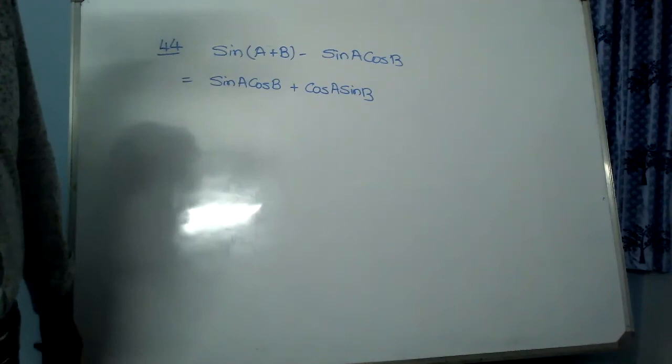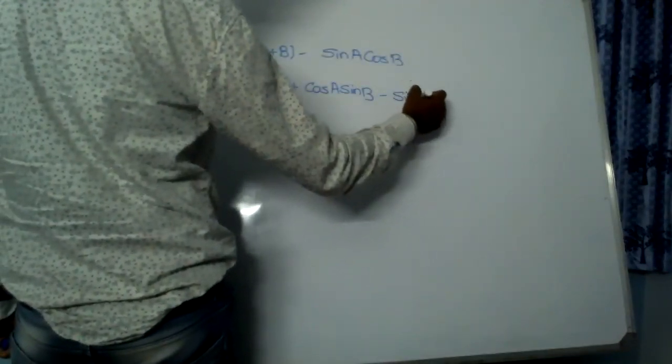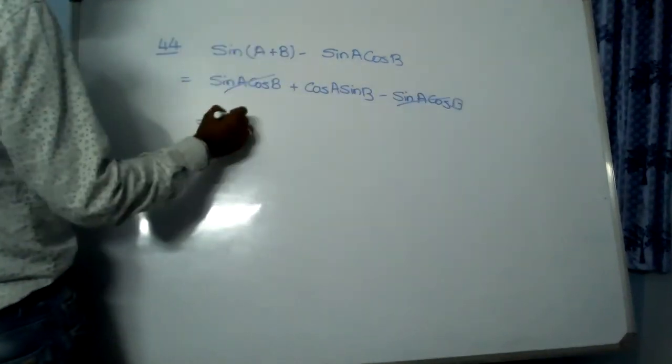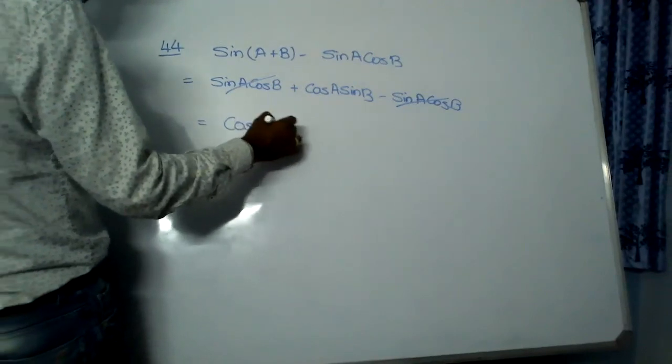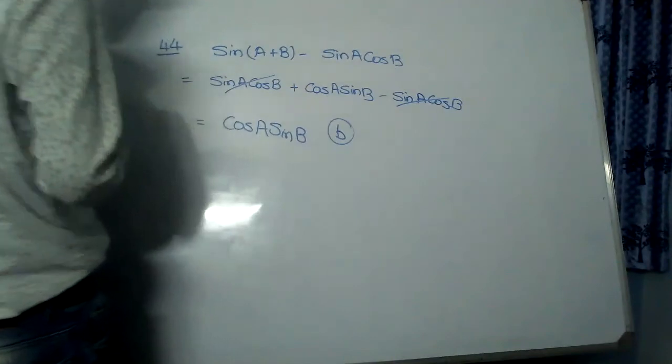It's A plus B, right? Okay. And then this minus sin A cos B, I'll write as it is. This and this will get cancelled. You'll get your cos A sin B. That's your option B, right?